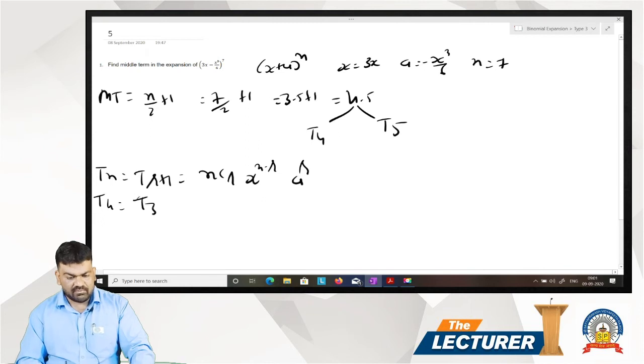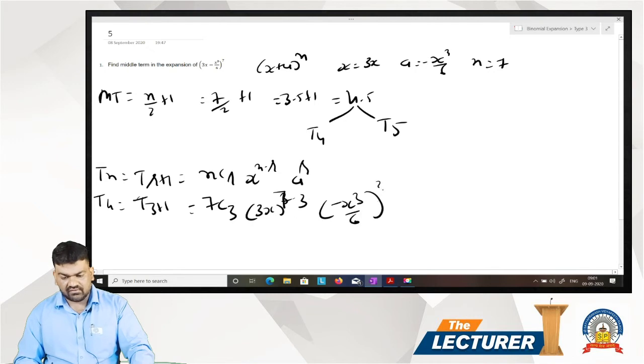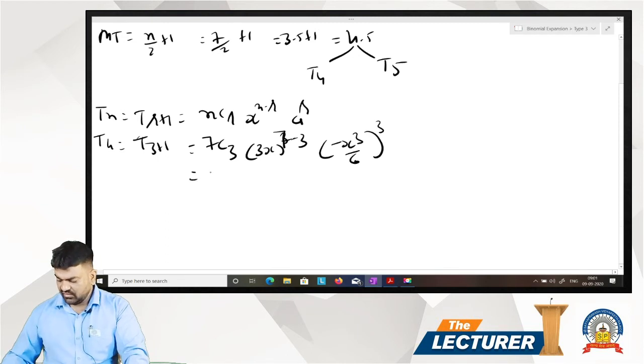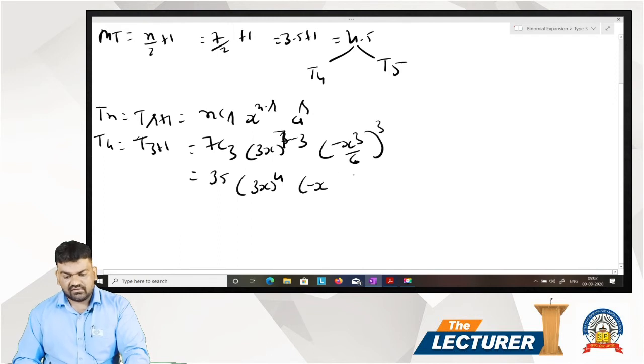T4, that is T(3+1), that is 7C3 (3x) raised to 7 minus 3, (minus x cube divided by 6) raised to 3. 7C3, 7 multiplied by 6 multiplied by 5 divided by 3 divided by 2, that is 35. 3x raised to 4, minus x raised to 9 divided by 6 raised to 3.